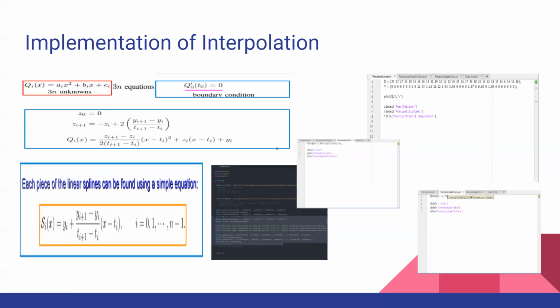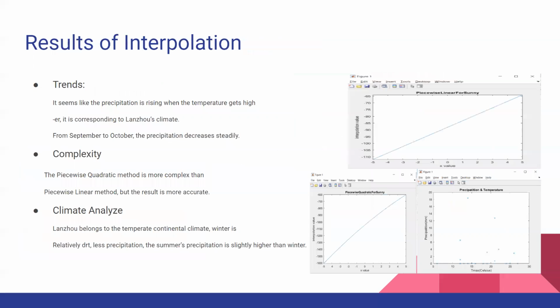These are the charts I made in MATLAB. From these three charts, I was trying to compare the temperature and the precipitation, and how the temperature influences the precipitation. The trend seems to be that the precipitation rises while the temperature gets higher.